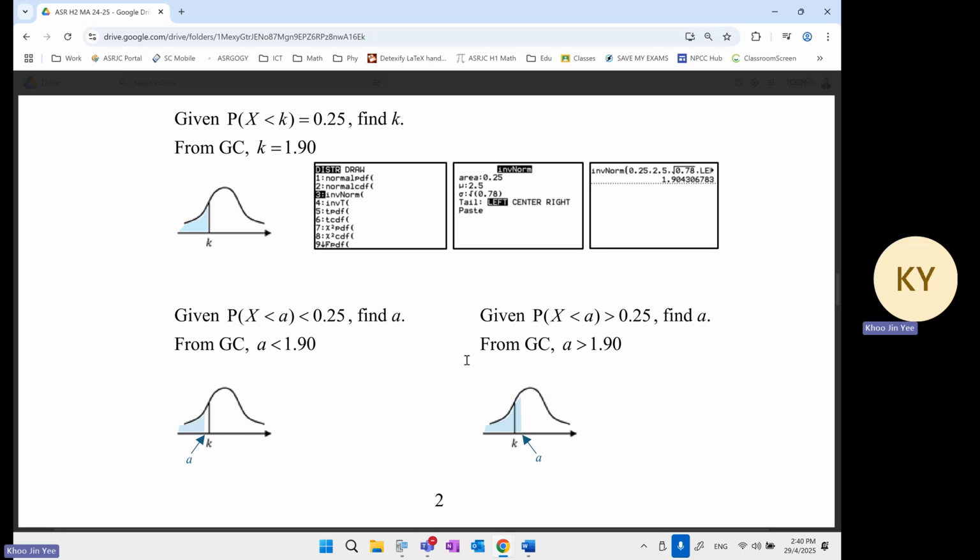The second question to ask is, when this area is slightly greater than 0.25, this means I need to shade a little bit more than the area for k. When I shade a little bit more, the corresponding A is on the right-hand side. This is why A must be greater than 1.9. Hopefully this will help you with your section question 2, part C, part D, something like that.